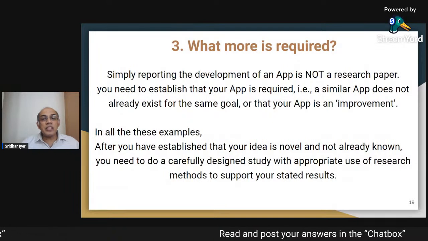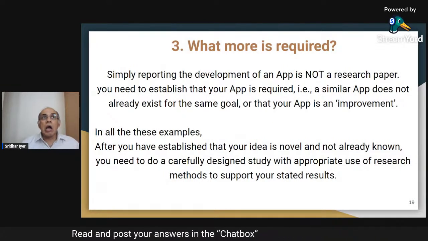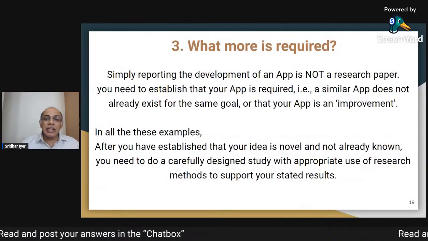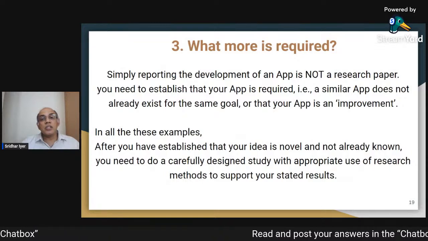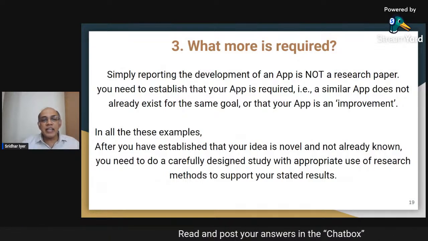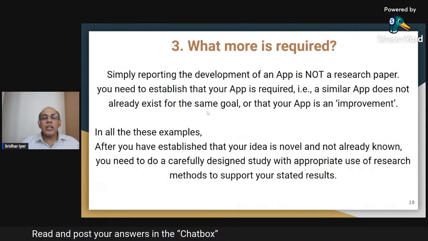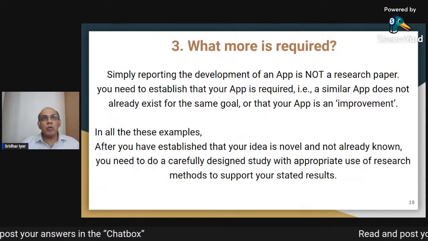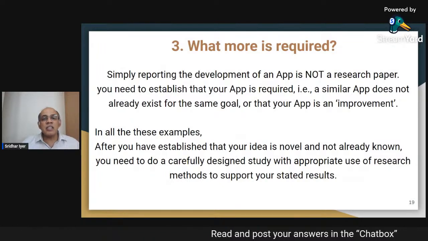Okay, you need to establish that your app is required. That's the first thing. A similar app is not there, or there is a problem really, and your app is an improvement on that app, and students really need such an app. So the need has to be established. Okay. And the second thing that you have to do is evaluate. Without the evaluation, it cannot be a research paper.